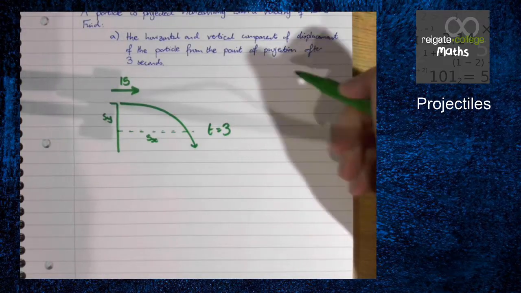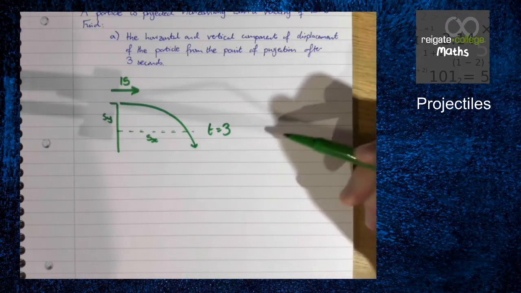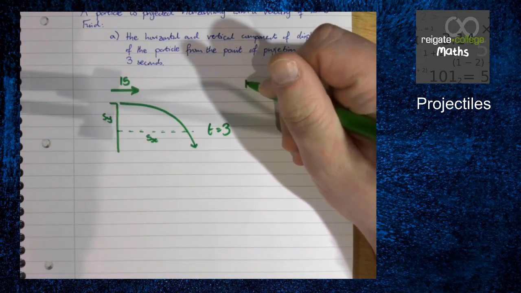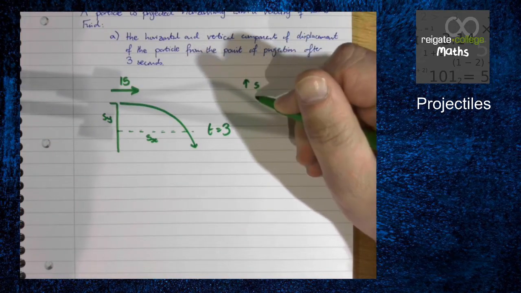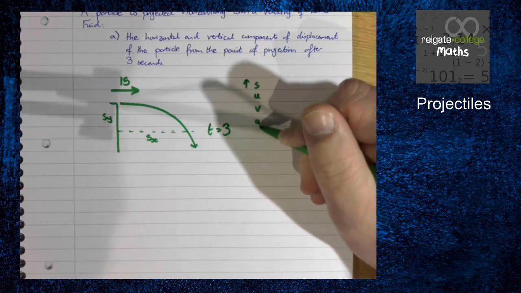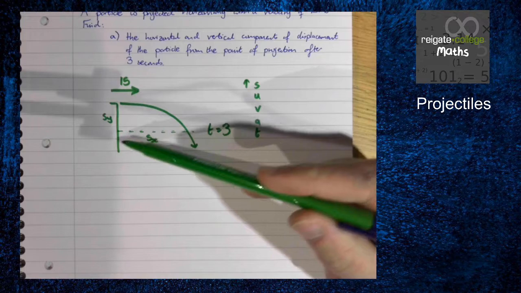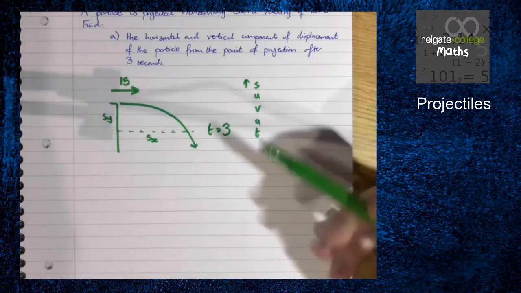So I'm going to write my two suvats. I'm going to try and fit them in here so they're out of the way. We're going to have our vertical suvat. So let's go through this. The distance vertically that we're trying to find is sy.